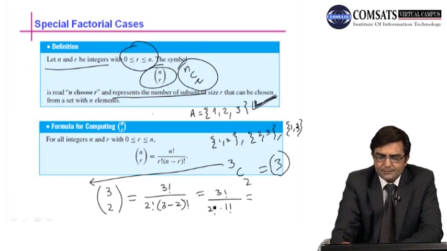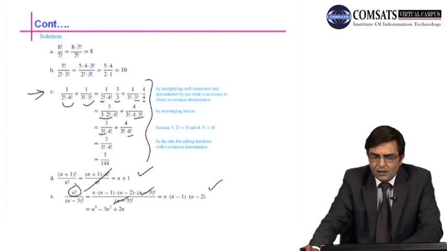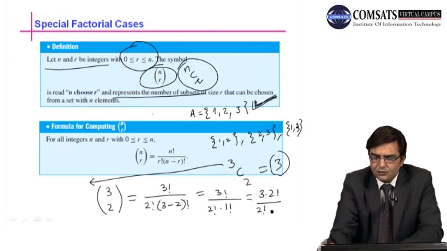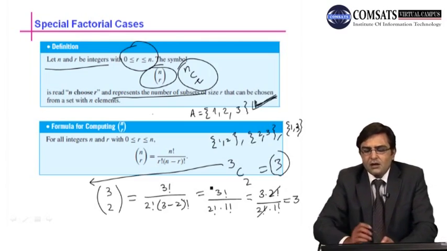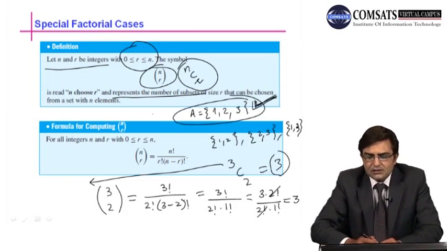If we simplify this, we can immediately obtain 3 times 2 factorial divided by 2 factorial times 1 factorial. So 2 factorial and 2 factorial cancel, 1 factorial is 1, so 3 by 1 is 3. So from this set of 3 elements we can take 3 subsets with 2 elements.